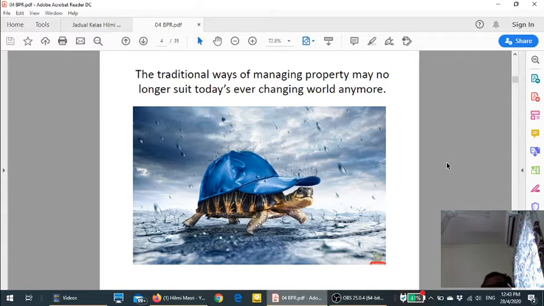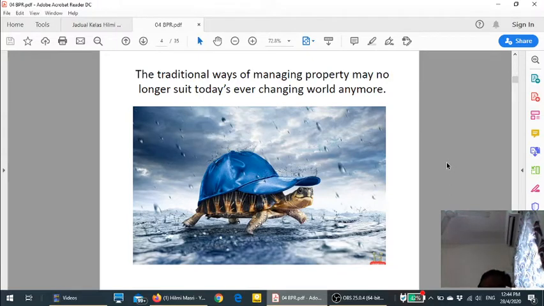Before this, we just managed property as it is, without any knowledge in property management, without any qualification, or even without any professional body governing the profession. But right now, of course, we are grateful to have the Valuers, Appraisers, Estate Agents and Property Managers Act 1991, and we also have the Board, the professional body that governs our profession.